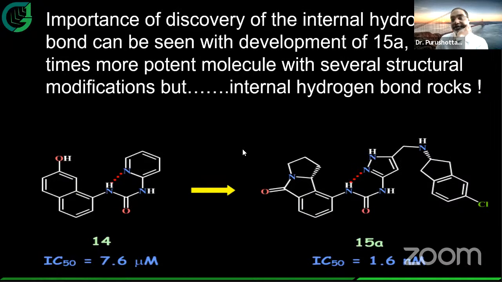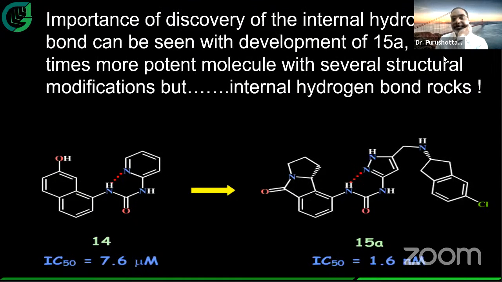But what is the learning from this slide? Even though thousands of molecules were synthesized, you will be able to see that the hydrogen bonding between one of the nitrogens of urea and the pyridine nitrogen was not sacrificed at any instance or in any of the compounds.